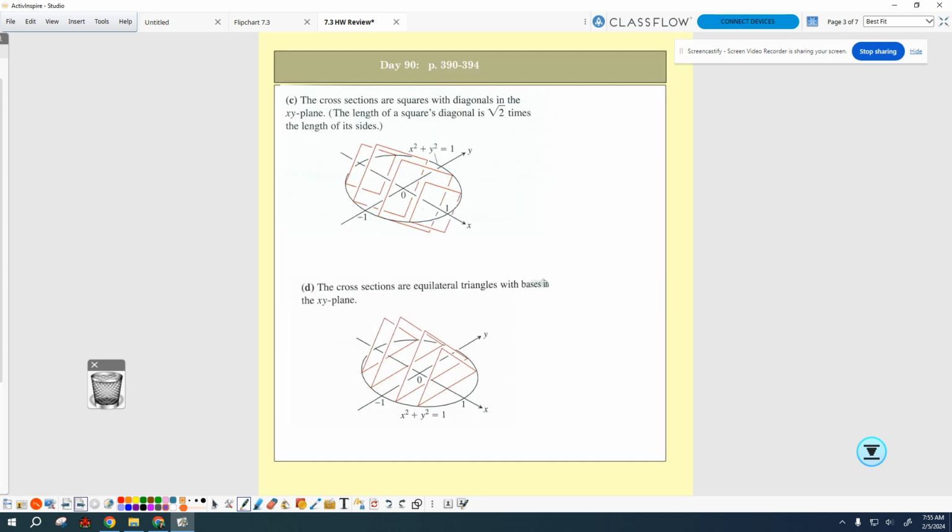This one is the stinker that made a big point of the 30, 60, 90s last week. Well, this is the hypotenuse of a 45, 45, 90. If I tell you that diagonal is 8, how do I find the length of the side? Luke, what were you going to say? Divide by root 2.